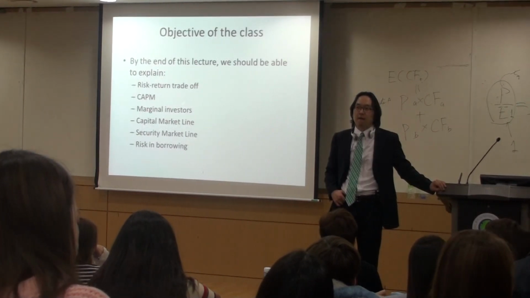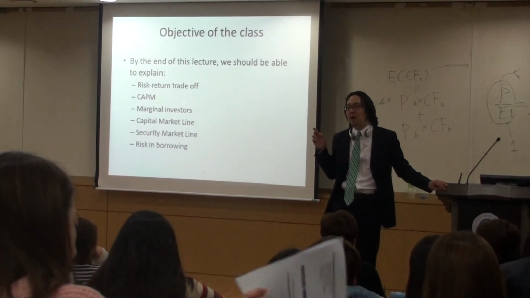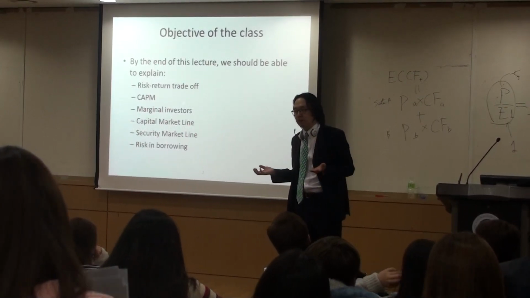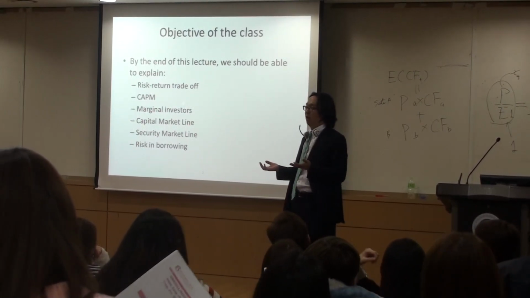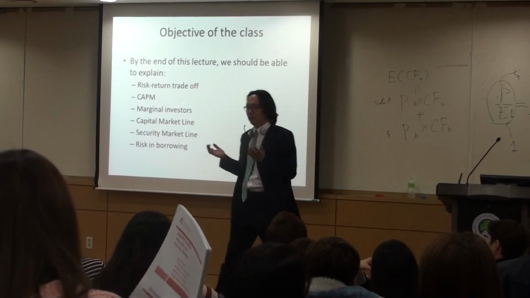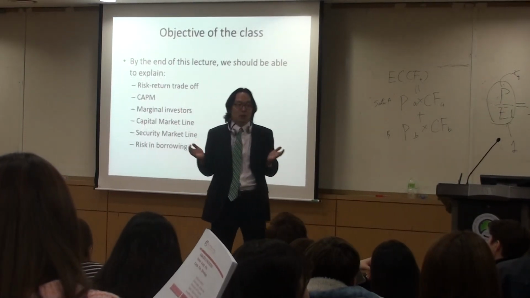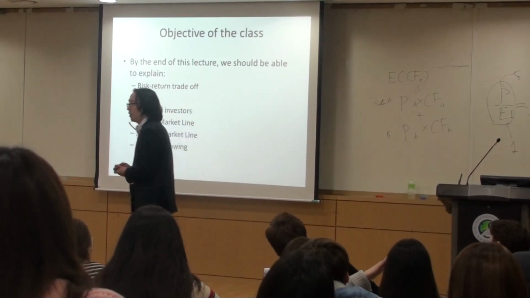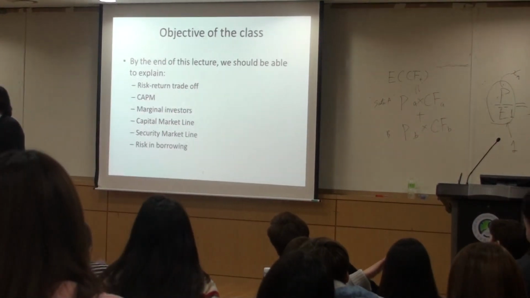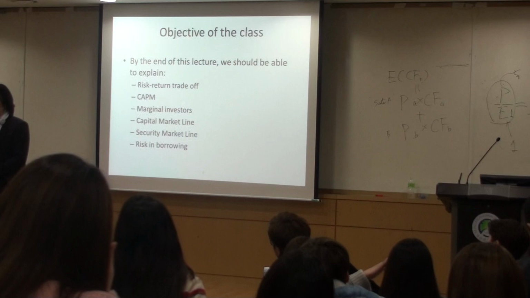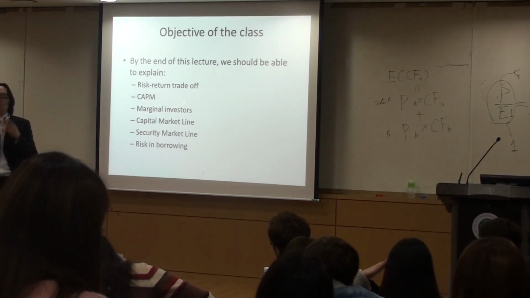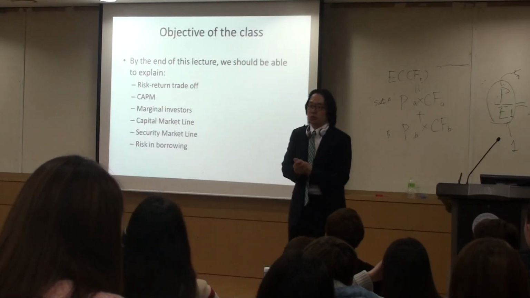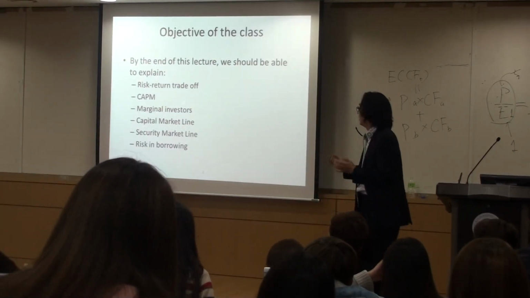R_E equals R_F plus beta times (R_M minus R_F). Everybody remembers that like a machine, right? That's so easy, so why do we have to care about it? But it's easy to forget too, and then forget why the heck we are doing it. The important thing is we have to know why this thing is as such; it is designed as such.